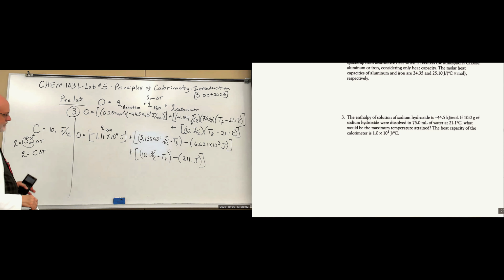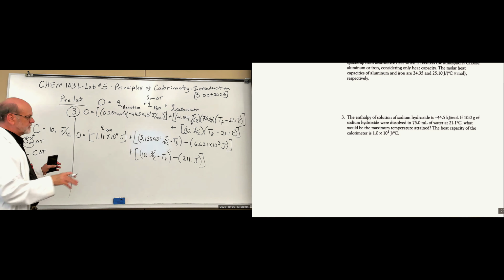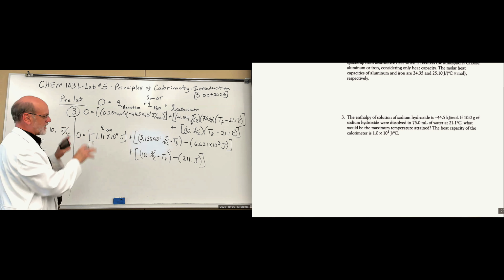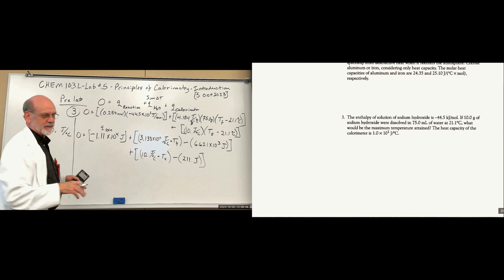And then we're going to subtract, because this is a negative, 10 times that. So what would that be? 211. And the degrees cancel, so this leaves us with joules. I'm keeping all the detail for this one calculation so that I don't lose anybody.